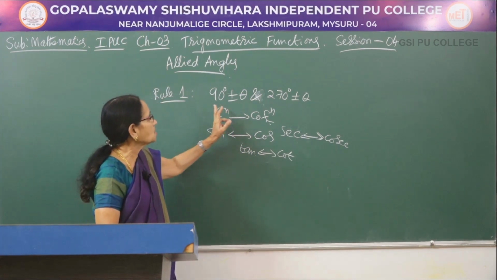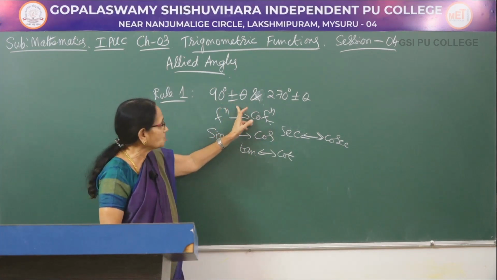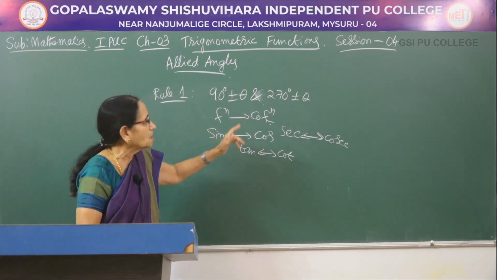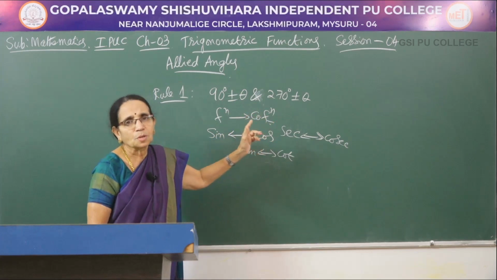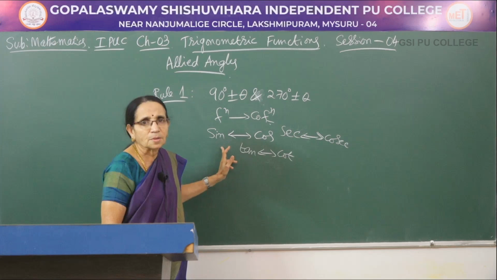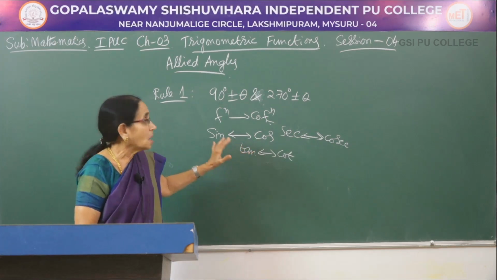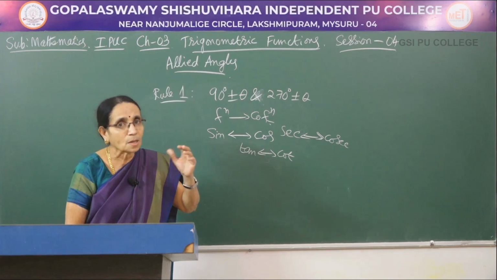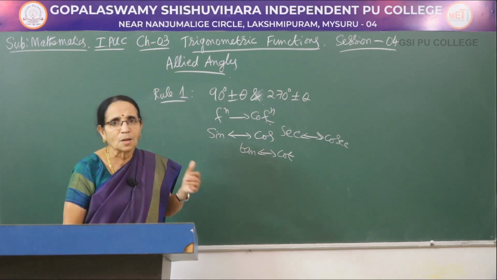What I mean by that is, when the angle is expressed either this way or that way, it may be 90 plus something, 90 minus something, 270 plus something, 270 minus something, the function sine will become cos. If cos is there, it will be changed over to sine. I am referring only to the value, I have not come to the sign part, that is whether it is positive or negative. I will come to that later.